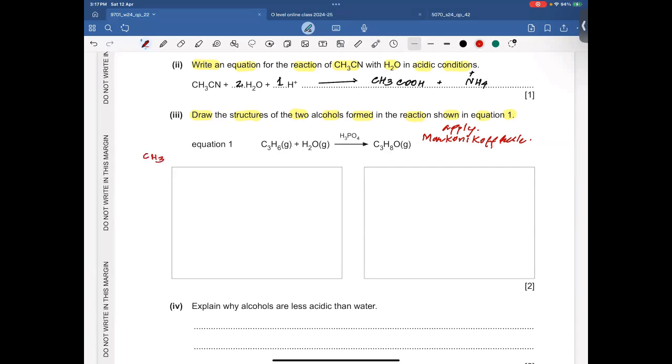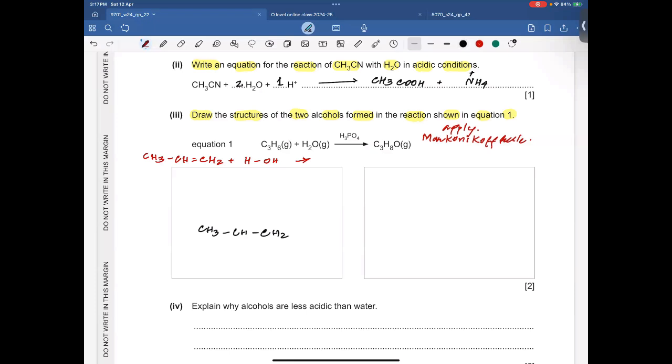This is propene. And this is steam. When they react together, you will get alcohol, but it exists in 2 different isomers, right? The first possibility is CH3 will remain as it is, CH will remain as it is, single bond and CH2 will remain as it is.